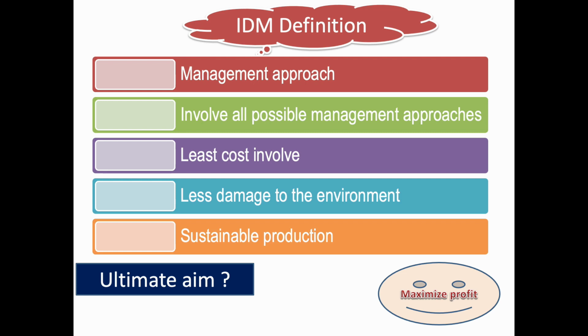Thus, IDM is a greener alternative to the conventional use of chemicals, which is an attempt to promote natural, economic, and sociological farming methods through the most effective combination of farming techniques and judicious and limited use of pesticides like fungicide, antibiotic, etc.